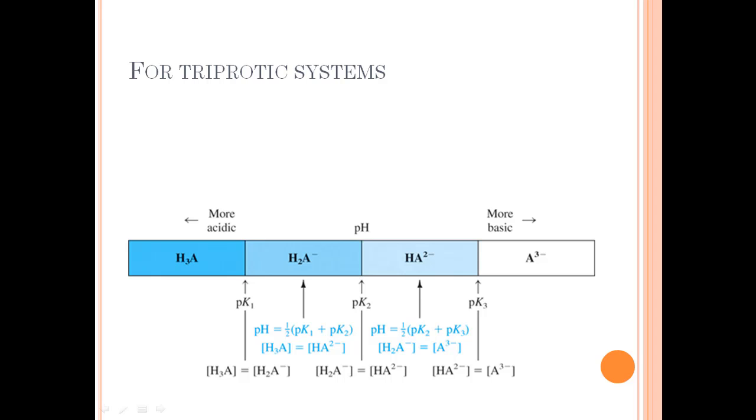And you have the H3A and the H2A minus form, which show that the pH of the first intermediate species, H2A minus, is 1/2 pK1 plus pK2. At that pH, the concentrations of H3A and HA2 minus are equal. And the same reasoning goes for the HA2 minus region.